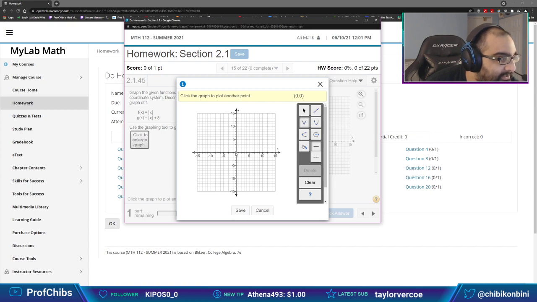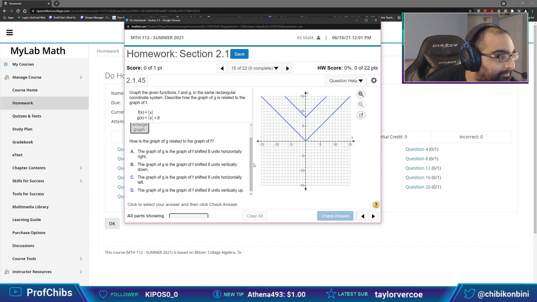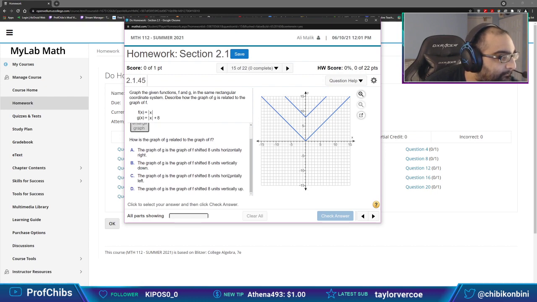We've got this and one. And then we have the absolute value of x plus 8. So what is that going to be? There we go. Now I know this is correct.